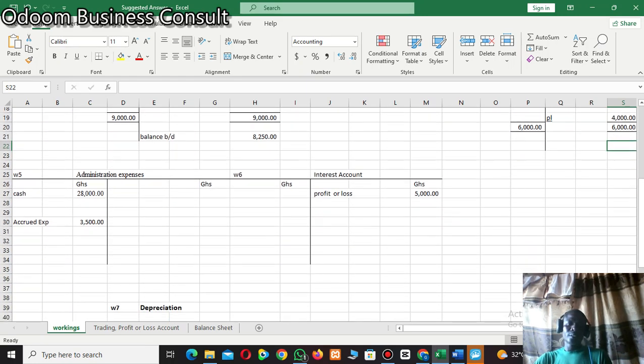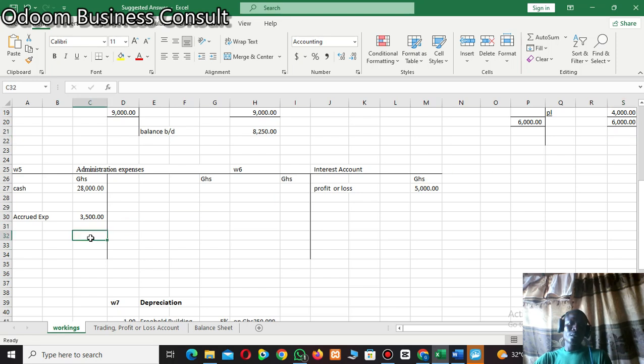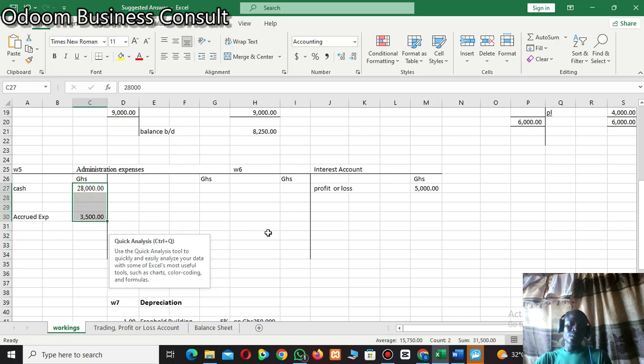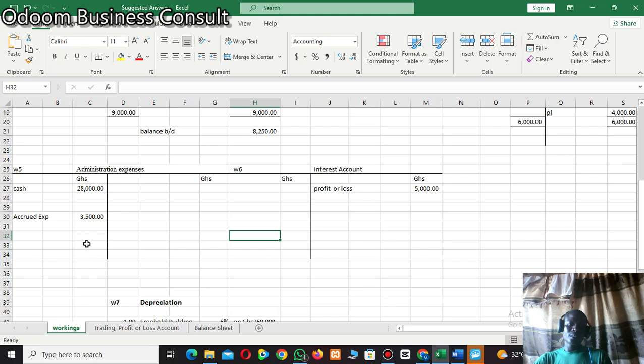Administration expenses. So what will be the total? You add this and this, this and that. So we have 28,000 plus 4,500. So we are getting 31,500.